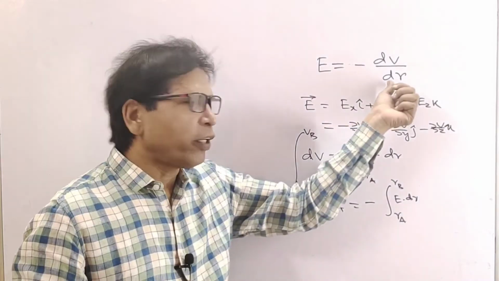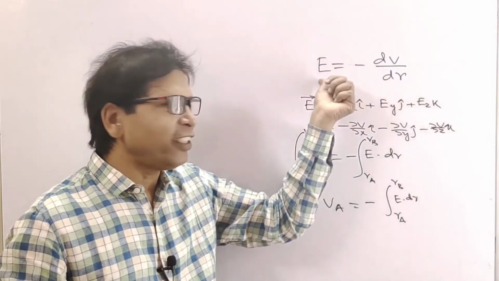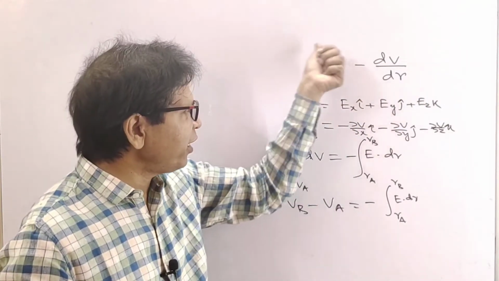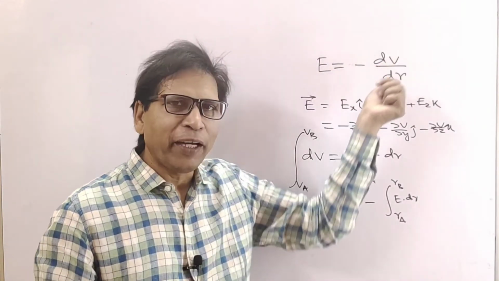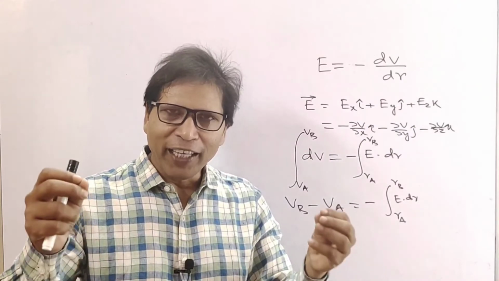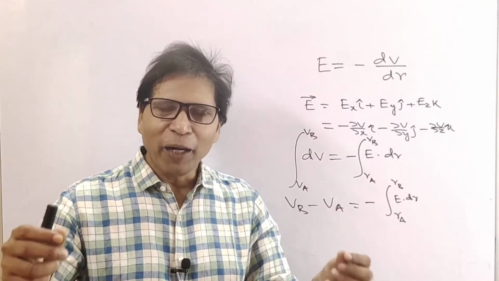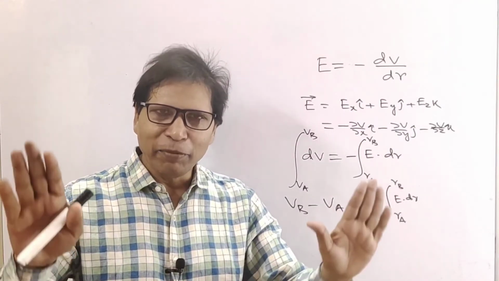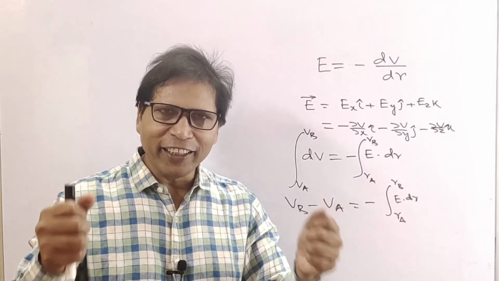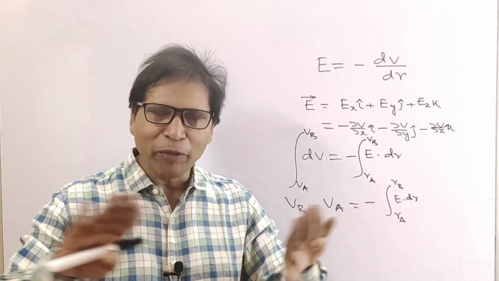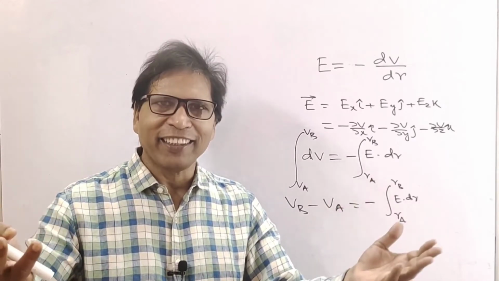Next, will potential be 0 if intensity is 0? Look at this, if intensity is 0, then 0 equals minus dV by dr. Therefore minus dV equals 0, therefore dV equals 0, that is V is constant. Therefore, when intensity is 0, potential may not be 0, it is constant.